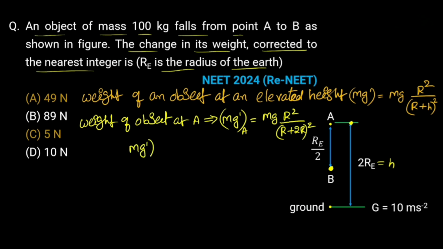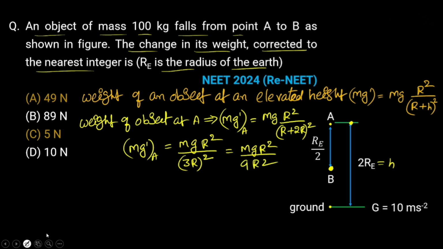So weight of the object at A is mg R square by R plus 2R, that is 3R whole square. It is mg R square by 9R square. Here R square can be cancelled, so the weight of the object at A is mg by 9.